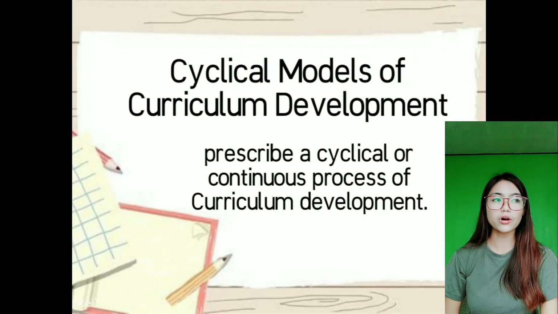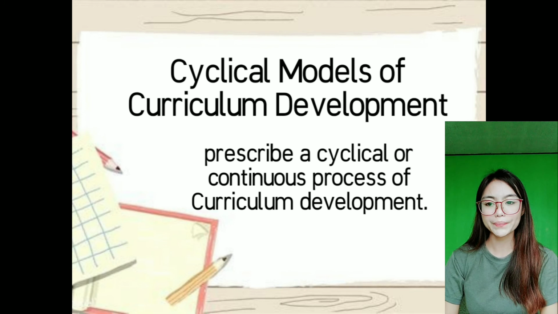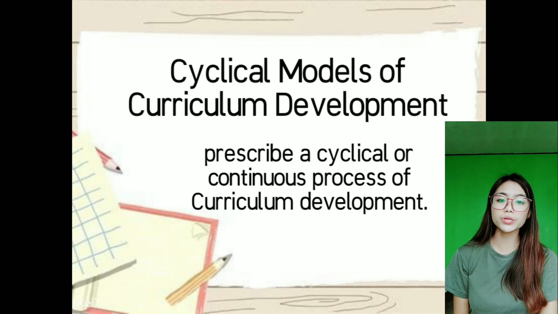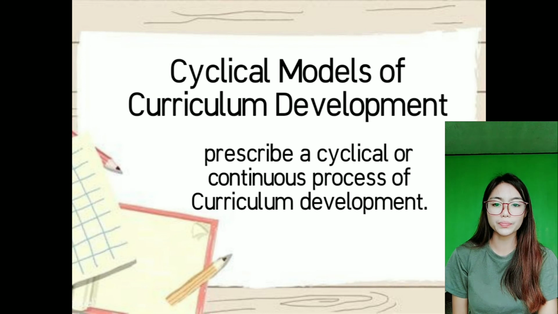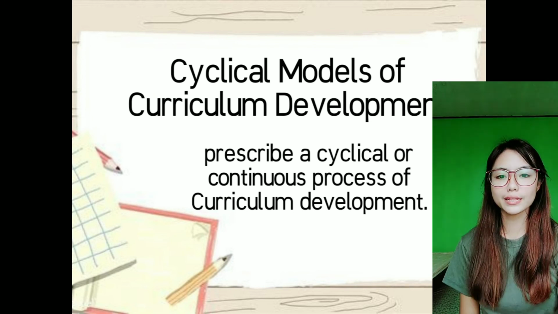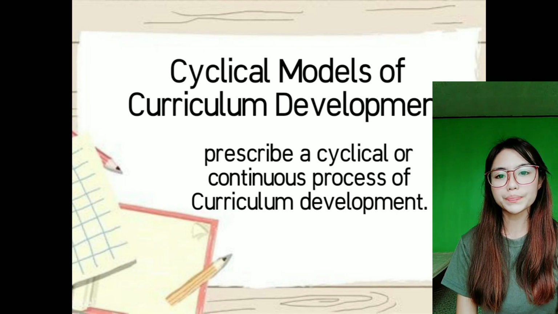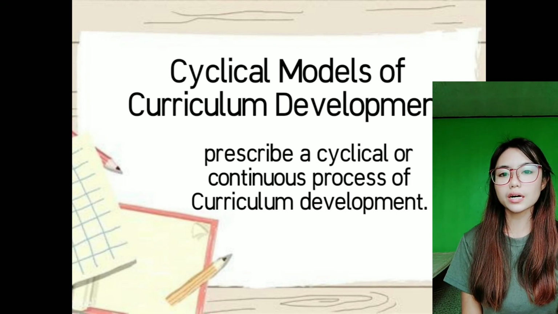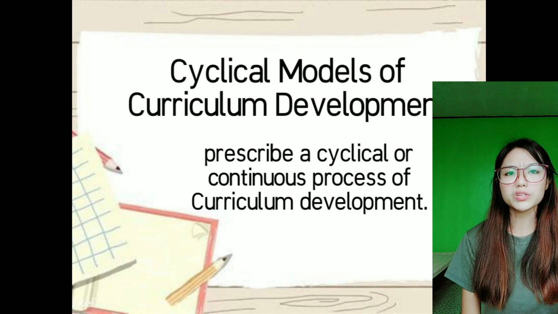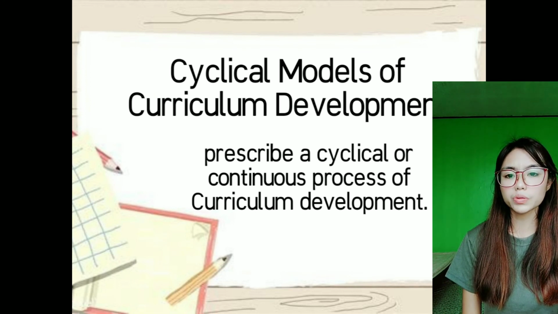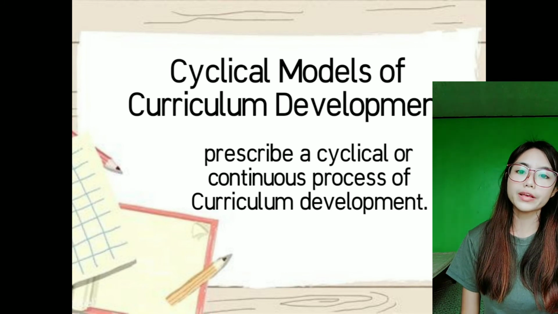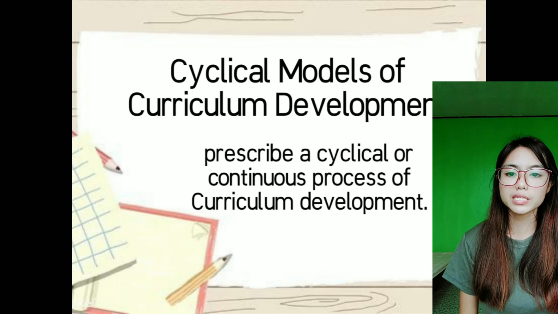Cyclical models of curriculum development prescribe a cyclical or continuous process of curriculum development. It is a continuous cycle of the curriculum which is responsive to changes in the education sector and makes appropriate adjustments to account for these changes.